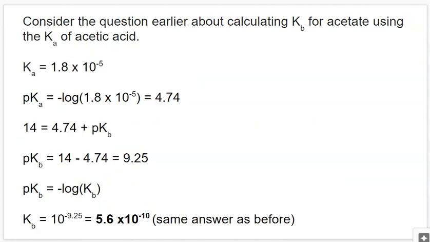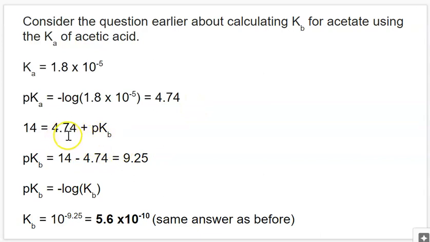And a way we can apply this is, we did that problem earlier where we calculated what the Kb of the acetate would be. Well, we could solve that in another way. So we know that the Ka for acetic acid was 1.8 times 10 to the negative 5. And if I calculate the pKa of that, I can negative log that. I end up with 4.74. And I know that 14 is equal to the pKa plus the pKb.